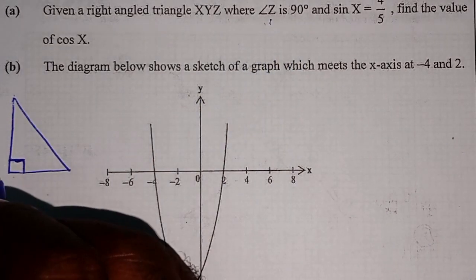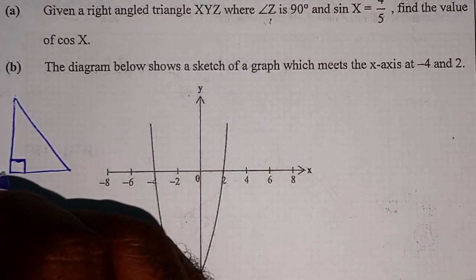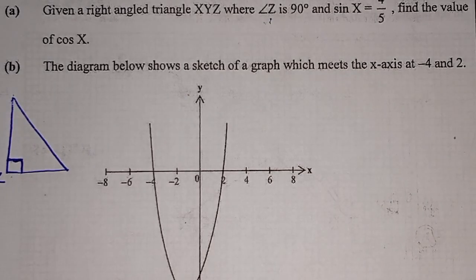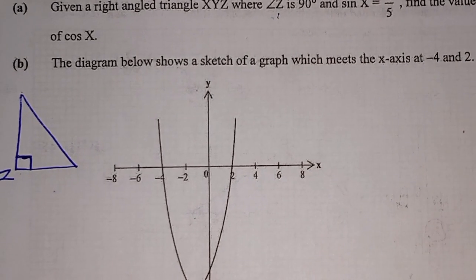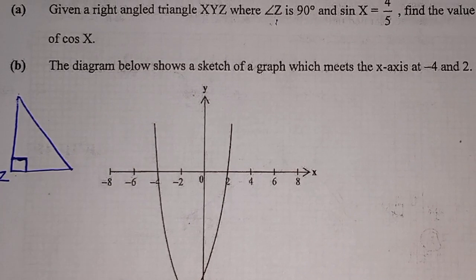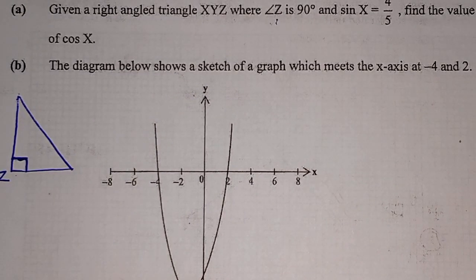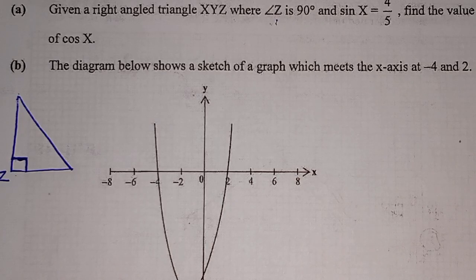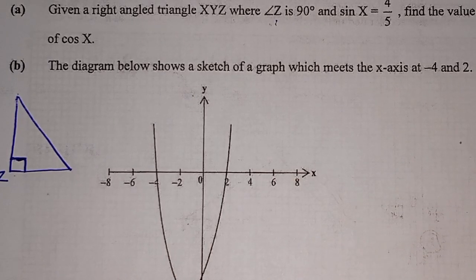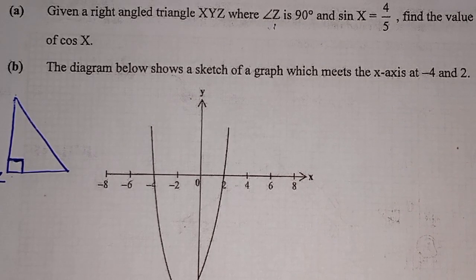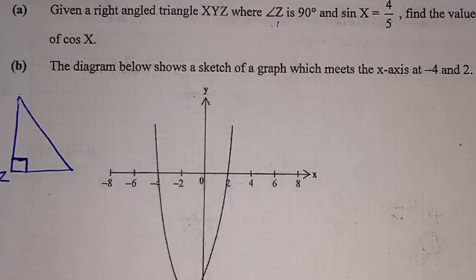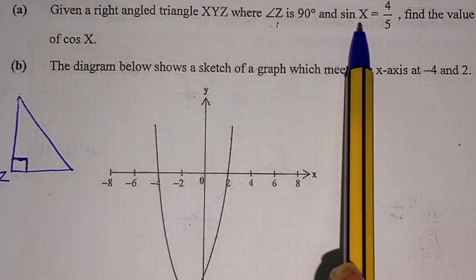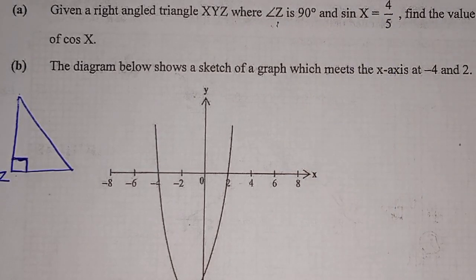So that is Z. Then we have been given that sine X is 4 over 5.